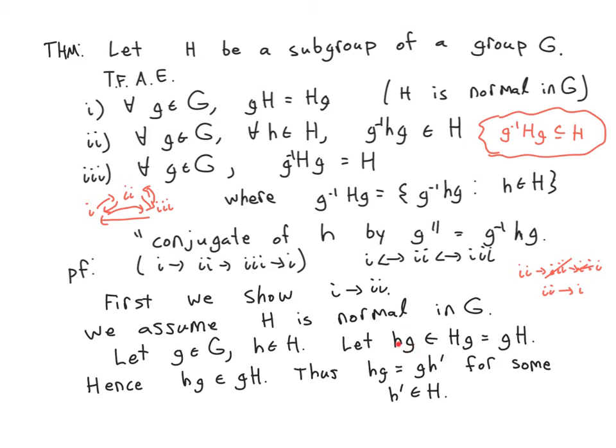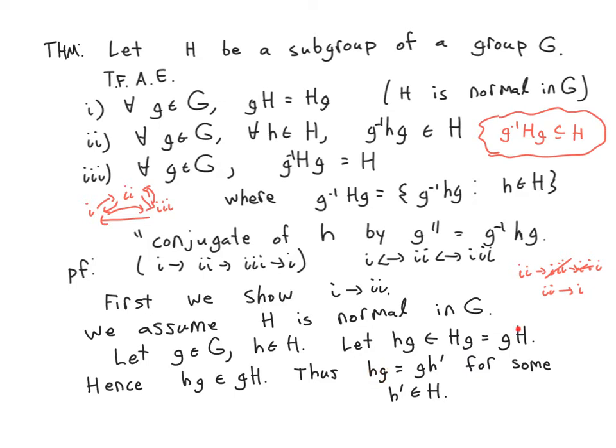So let hg be in the right coset, which is also equal to the left coset. What do we want? We want to get g inverse hg into capital H. So I'm starting with just taking hg here, and I want to see what happens when I multiply it by g inverse.